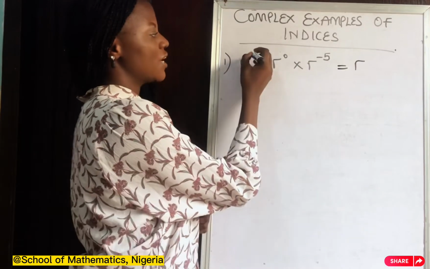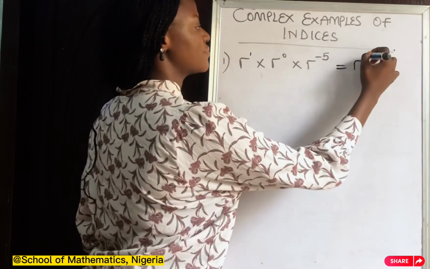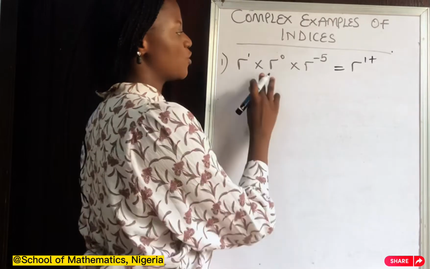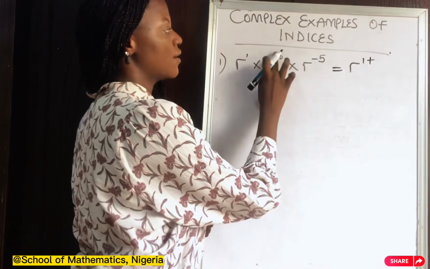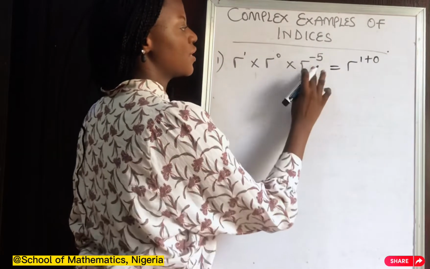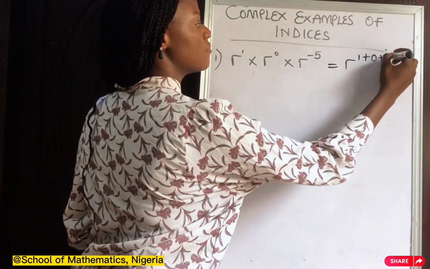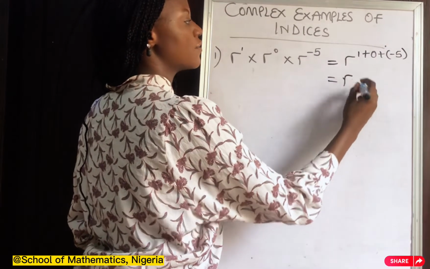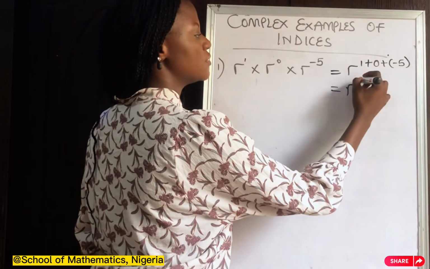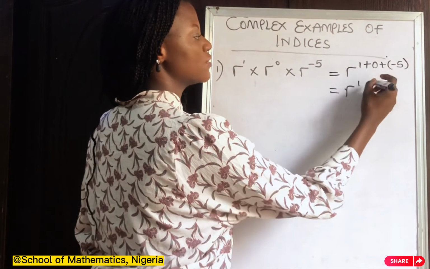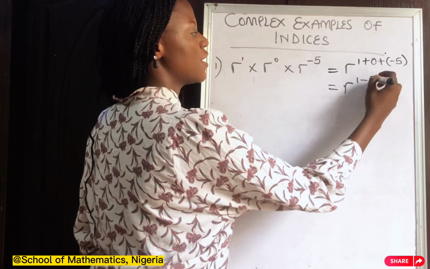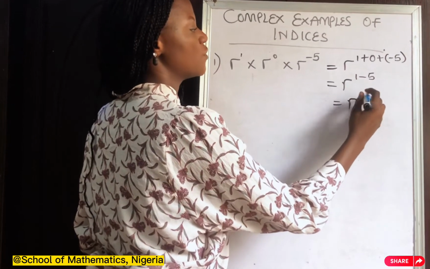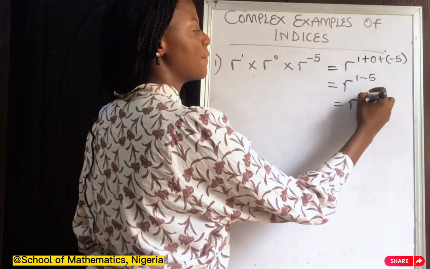So here there's a power of 1, and there's a plus because we're multiplying them together. For this one you have 0, and for this one you have a minus 5. So here you have r. 1 plus 0 is 1, plus times minus is minus, and then you have your 5. So you have 1 minus 5, which is minus 4.